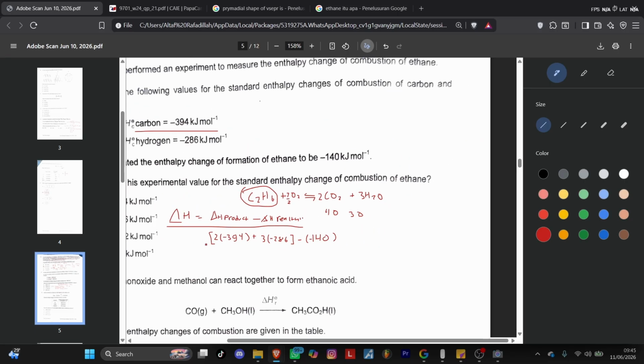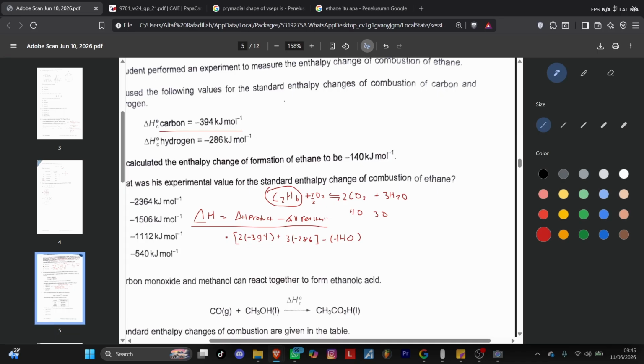Okay. After this, we can use a calculator to find the enthalpy change. So we just put in 2 times minus 394 plus 3 times minus 286 plus 140.